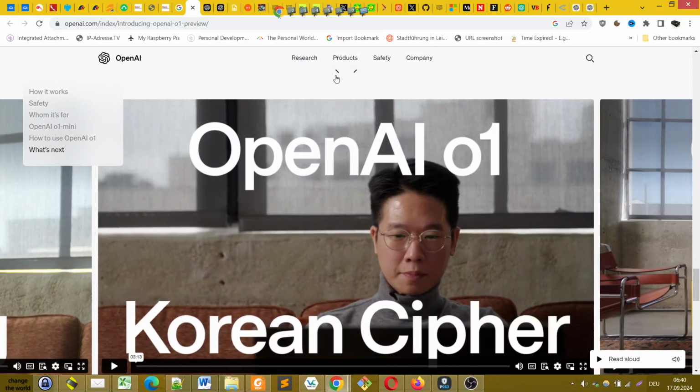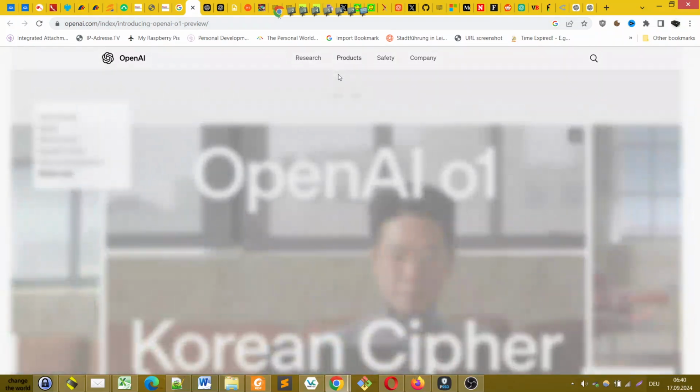This Korean cipher video is very interesting because it shows that Korean can apparently be written in a certain way which is not possible for standard translation models to read, but OpenAI o1 actually recognizes this distortion of the standard way Korean is written, and Korean speakers are also able to recognize the text. So I recommend you visit openai.com/index/introducing-openai-o1-preview and have a look at their videos.